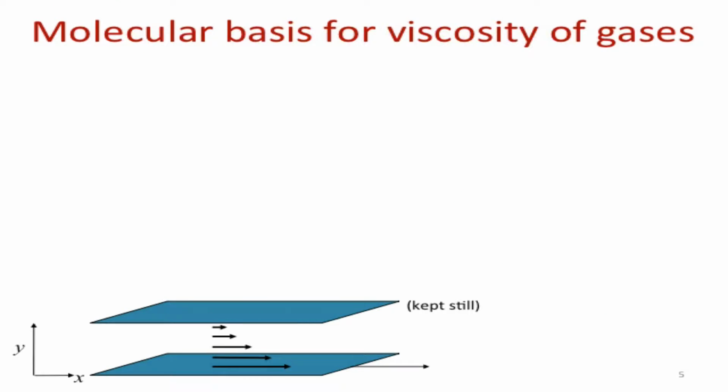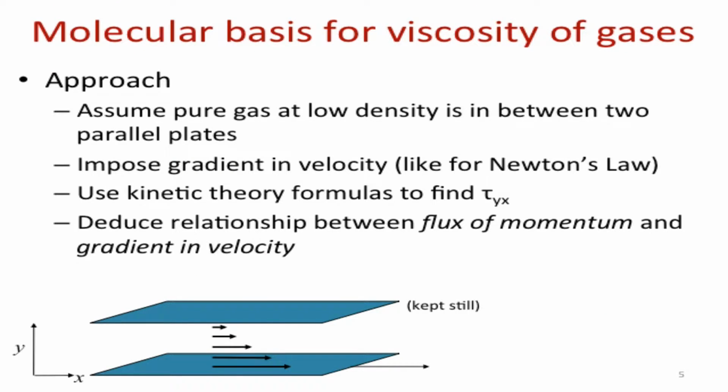So let's get to it. Our approach is going to be to assume pure gas at low density, and that will enable us to assume kinetic theory assumptions. So basically we will model gas as a bunch of tennis balls that only elastically collide, so they don't lose energy when they collide.